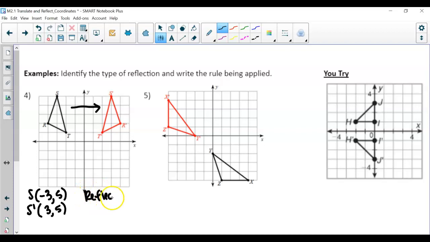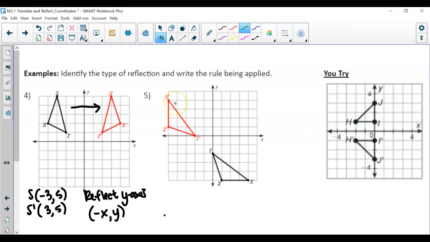So we have a reflection over the Y axis, and the rule is changing the sign of the X and keeping that Y coordinate. Like here with number 5, a lot of people at times would say, well, this could be a rotation. Then check the coordinates, right?